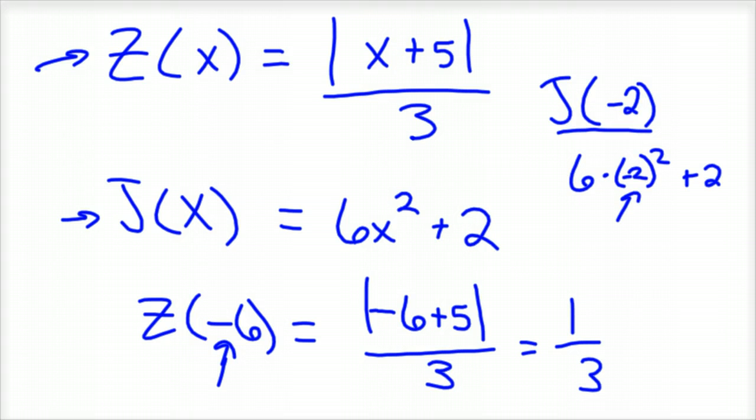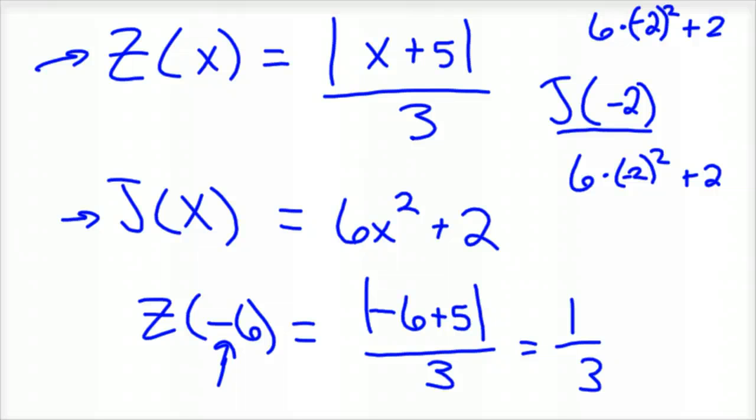Get in the habit of doing that, because if you just type in 6 times negative 2 squared plus 2 in your calculator, it will do that problem incorrectly for you because it won't square the negative. You've got to have parentheses in that, especially with the new calculators we have. I just noticed that today on about 20 different kids' papers.